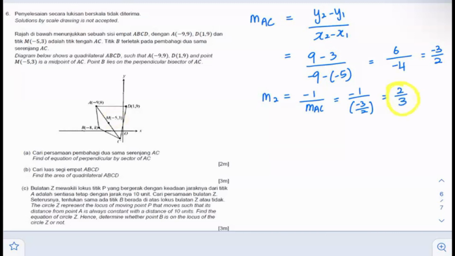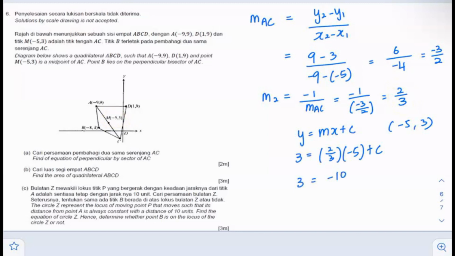With this gradient and with the point M, we can form the straight line y equal to mx plus c. So we have point negative 5 and 3. So y equal to 3 and m is 2 over 3 and the x is negative 5 plus c. So we have 3 equal to negative 10 divided by 3 plus c. So the c will be 19 over 3.